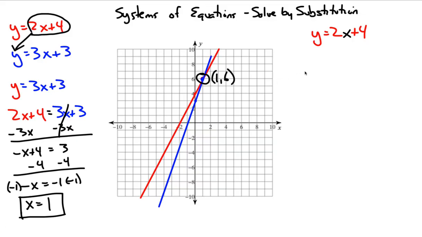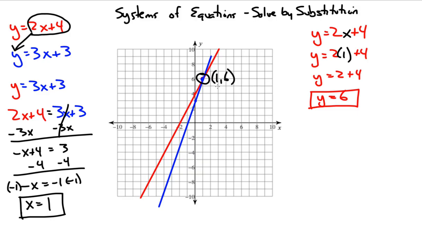So I can rewrite this as y equals 2 times 1 plus 4. That's going to be y equals 2 plus 4, which is y equals 6. That's the value that we said right here.